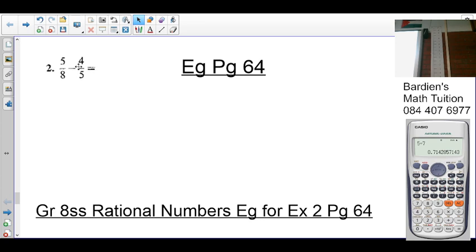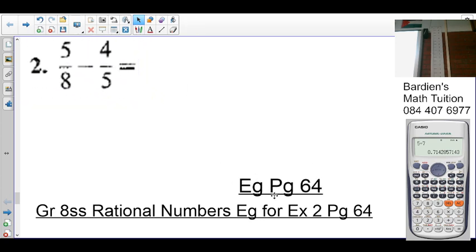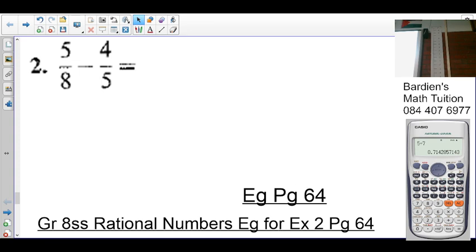Look at example 2. We have 5 over 8 minus 4 over 5. Write the sum down.